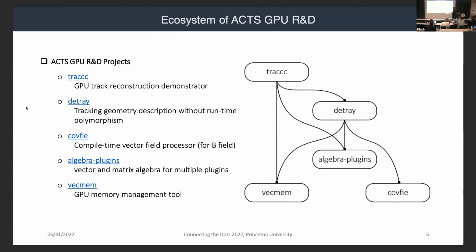We have the covfie library, a compile time vector field processor. Simply put, it's for the realistic magnetic field inside the GPU device. We have algebra plugins, which provide the vector matrix algebra for multiple plugins. And finally, we have vecmem, which is the GPU memory management tool. It provides a very easy interface for the users, so they can play with the GPU memory and also the data objects.